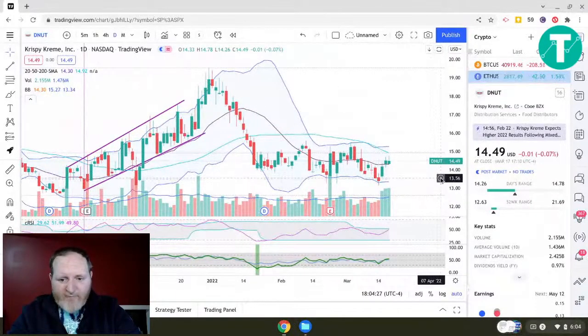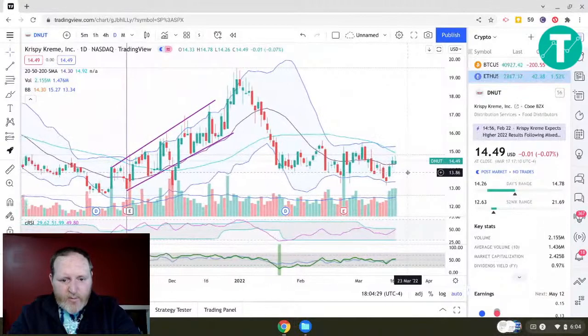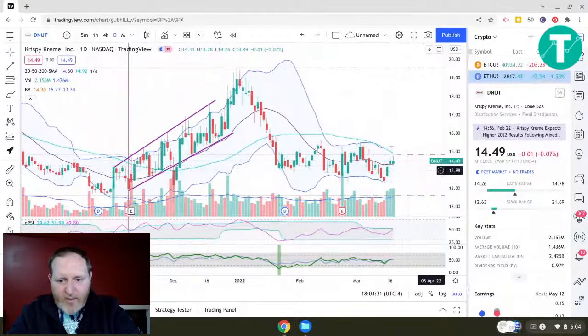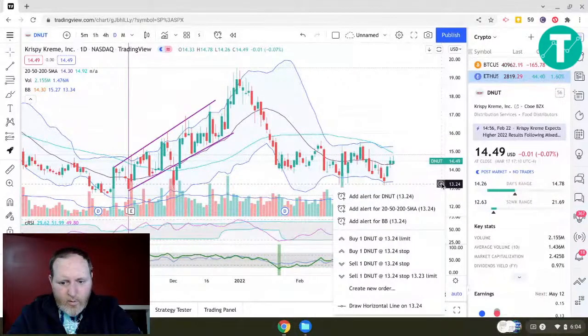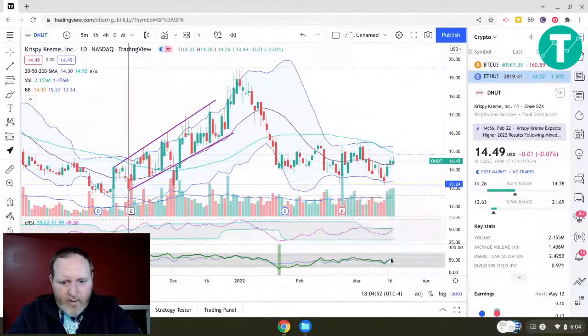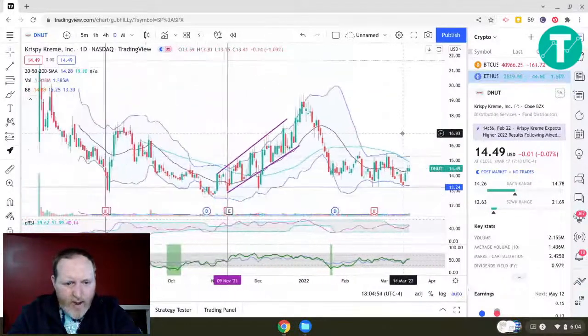I haven't put any lines on the chart here, but I think I could go ahead and say that probably around 13.25, we could put a line there for a bottom that's forming.